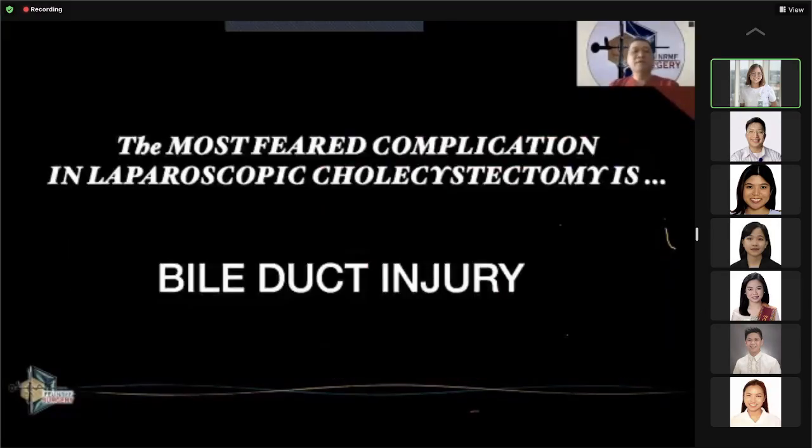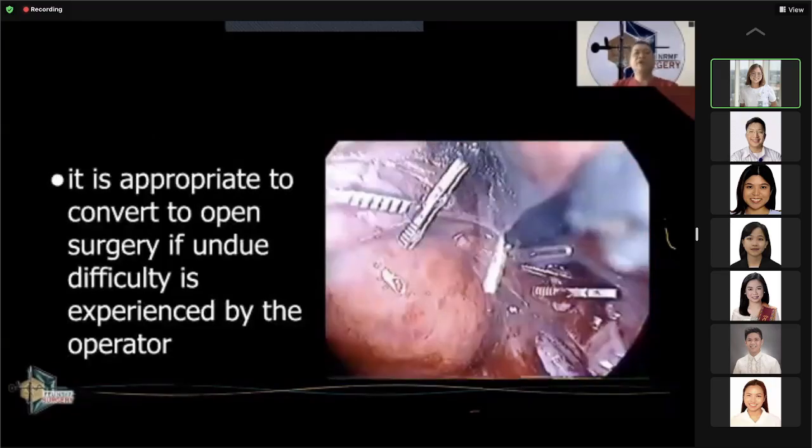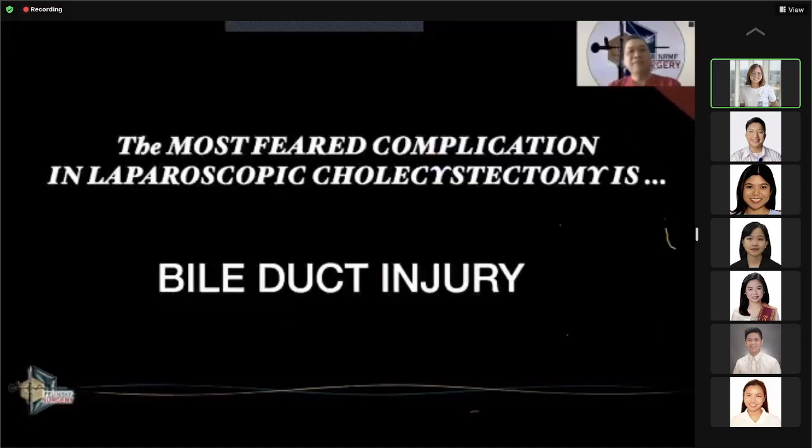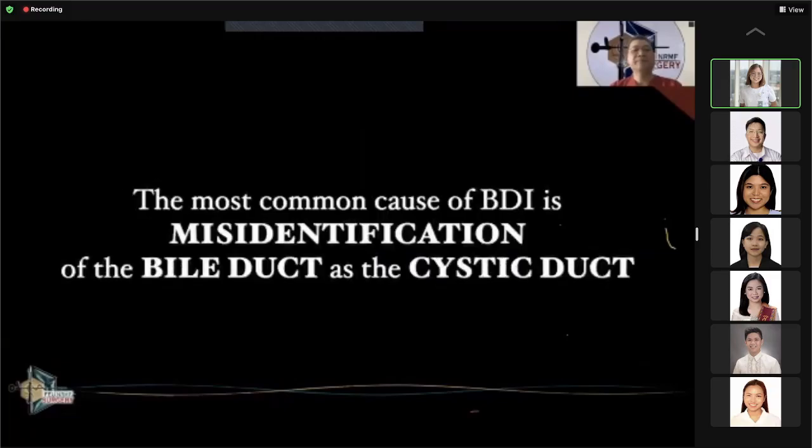So laparoscopic cholecystectomy is the most commonly performed procedure, and the most common complication is bile duct injury. And the most common cause is misidentification of the bile duct as the cystic duct.